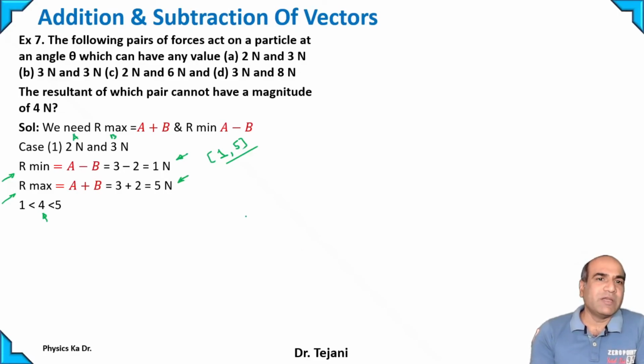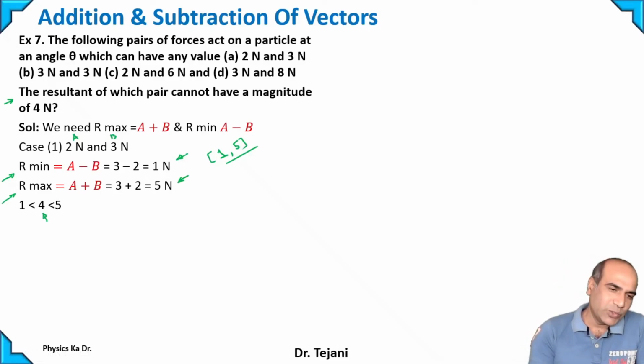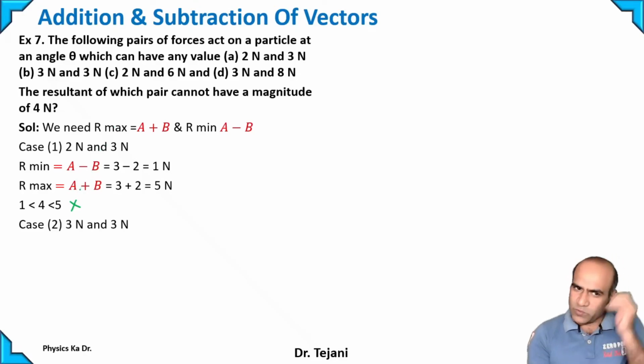If 4 is in between, what is mentioned here? The resultant of which pair cannot have a magnitude of 4 Newton. So the resultant definitely has 4 Newton at some angle. So the first result is incorrect. Case number 1 is not the correct one. So let's check case number 2. What is mentioned?